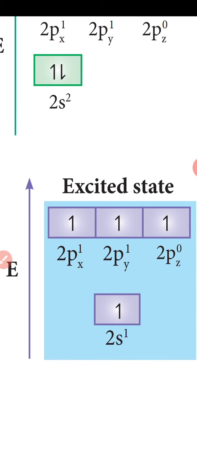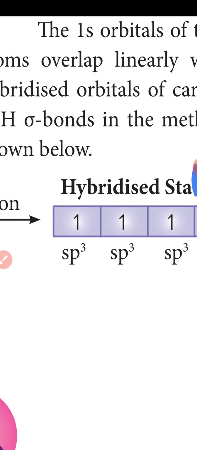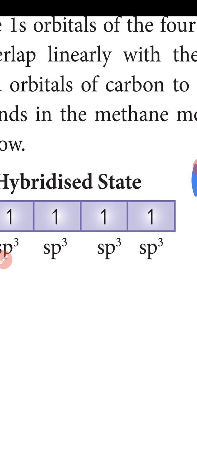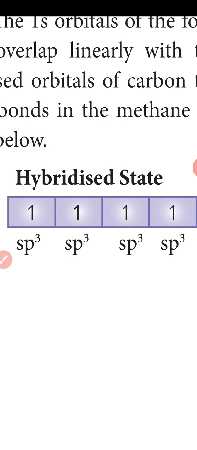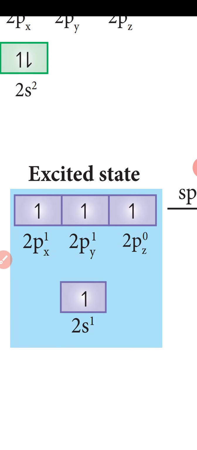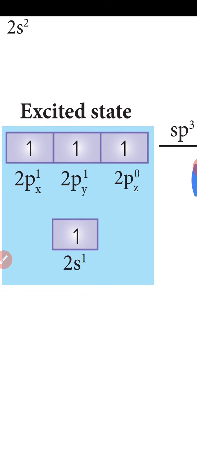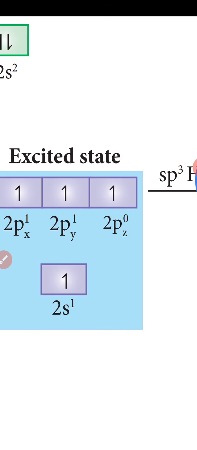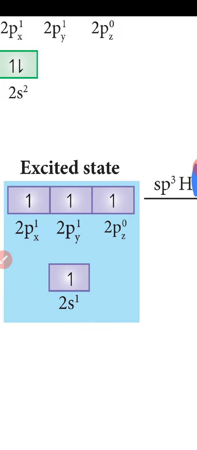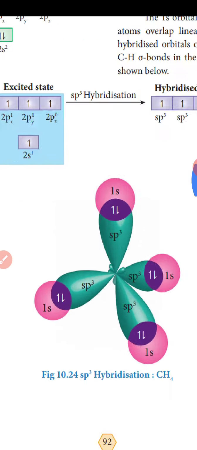This gives 4 sp3 hybrid orbitals in the excited state, each overlapping with the 1s orbital of hydrogen.